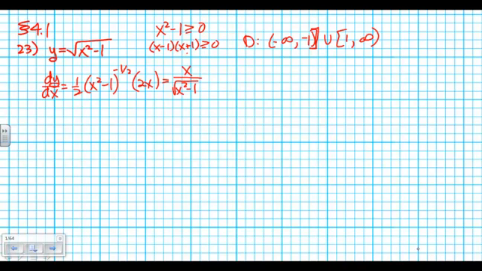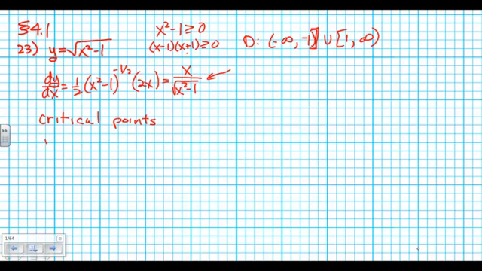Now, let's look at the derivative for a second. Let's talk about critical points, those points which make the derivative either 0 or undefined. Negative 1 is a valid location in the domain, but negative 1 is going to create an undefined derivative.